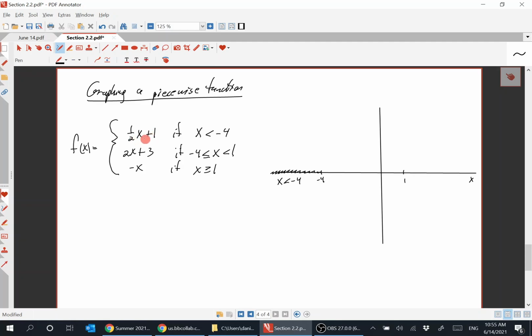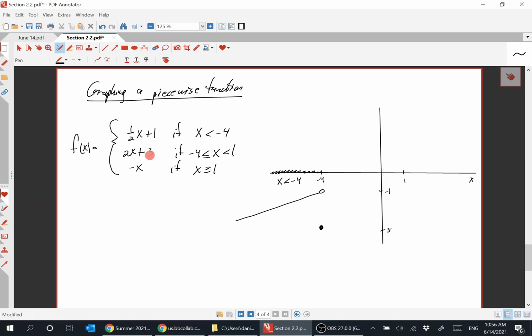I would get -2 plus 1 is -1. So here's -1. And right there, I'm going to have an open dot. And then to the left of that, it's a line of slope 1/2. But at x equal to -4 itself, I'm supposed to use this, 2x plus 3. So that's -8 plus 3 is -5. So that's actually down here, and that gets the solid dot.